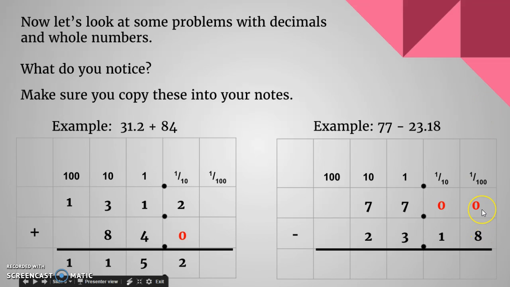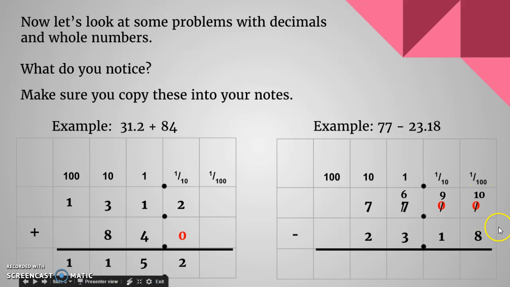Now here when I go to borrow from this 0, there's nothing there, so I've got to go all the way over here, make that 7 a 6. This 0 then becomes a 10 initially, but when I borrow from that, it's going to end up being a 9, and this 0 now becomes a 10.